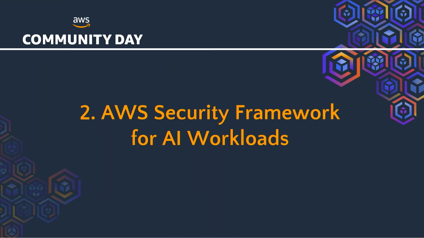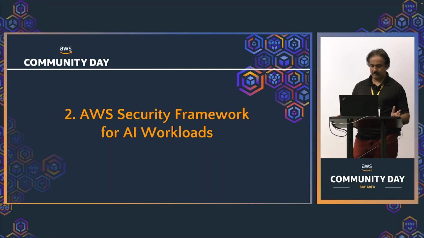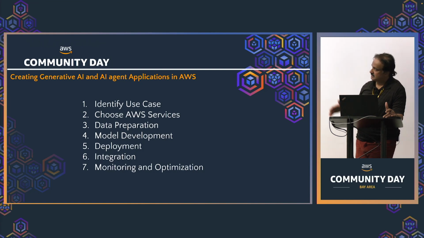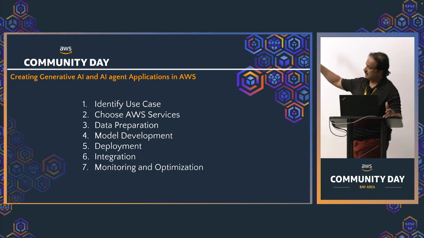So this is a common AWS security framework. When you want to create a Gen AI application or an AI agent, this is the common set of steps that you will follow, right? The reason I put this slide is to have a security-based approach to all of these from the start, so that you can choose the right services.